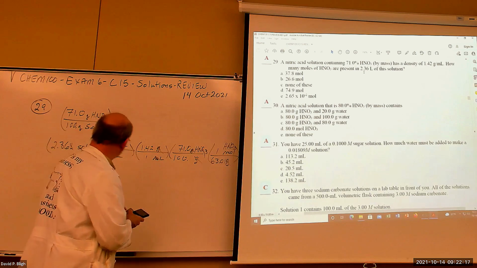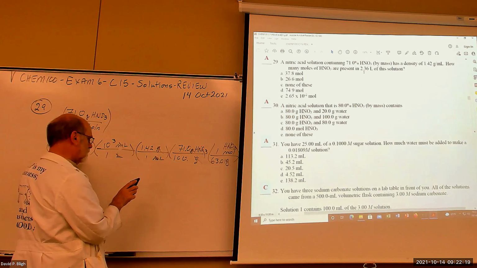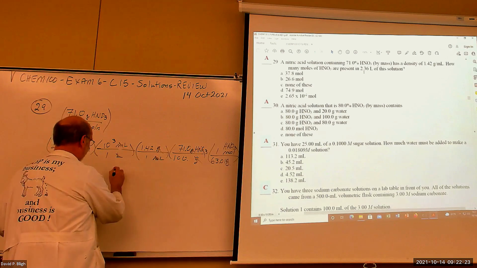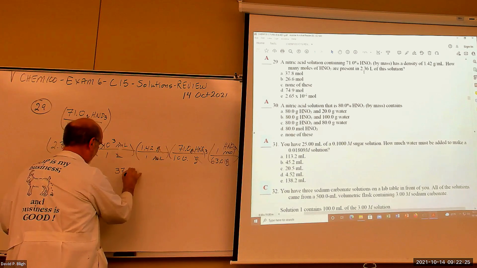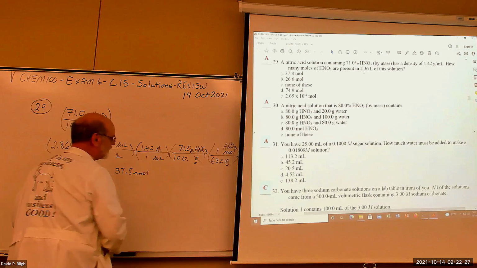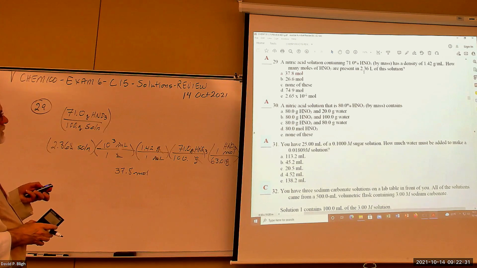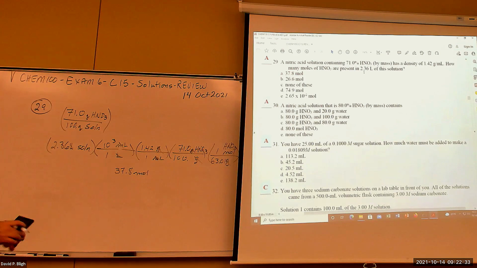So I get 37.8 moles. There it is. Okay? That's dimensional analysis.